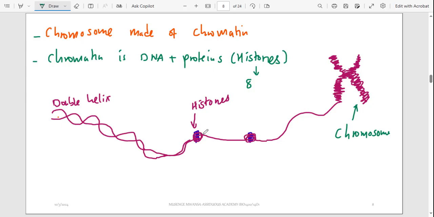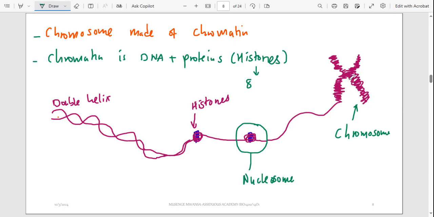So at this point where the DNA is wrapping around the histones like that, we call that a nucleosome. Okay. A nucleosome. And then the nucleosomes continue to condense and condense and condense, and then we form a chromosome. Okay. So basically, that is that.